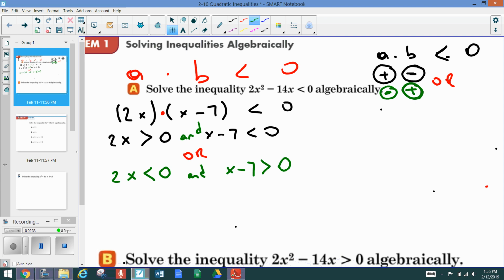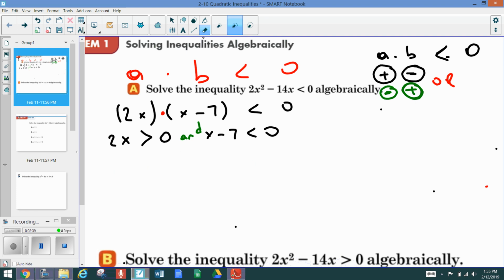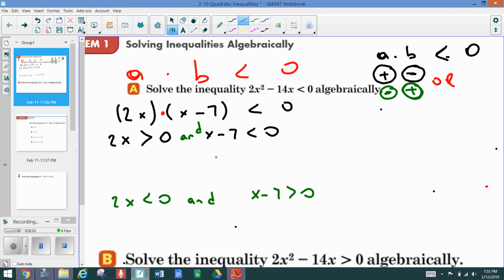After then, I'm going to solve these. Let me write this one a little bit away, so I need room. The green color, right? 2x is less than 0, and x minus 7 is greater than 0. So, yes, there's "or" in the middle, okay?